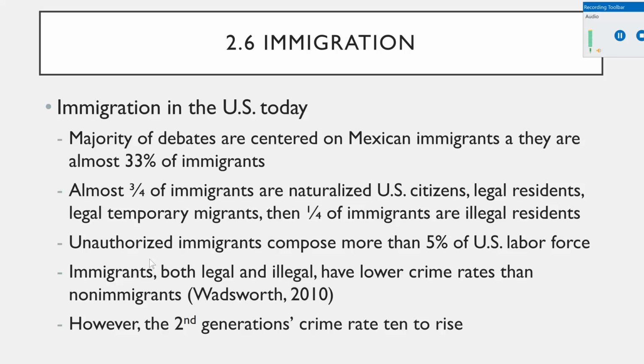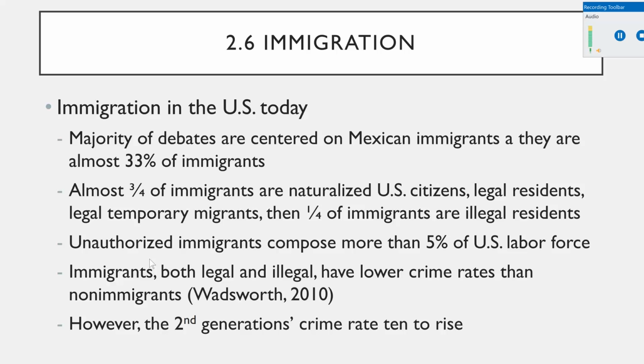But very surprisingly, immigrants, versus illegal ones, have lower crime rates compared with non-immigrants at all. The first-generation immigrants are usually more motivated, and compared with the average, they are even more educated than the average U.S. citizens, because if they are leaving their own country, that means they are taking the risk of losing or wasting their time.